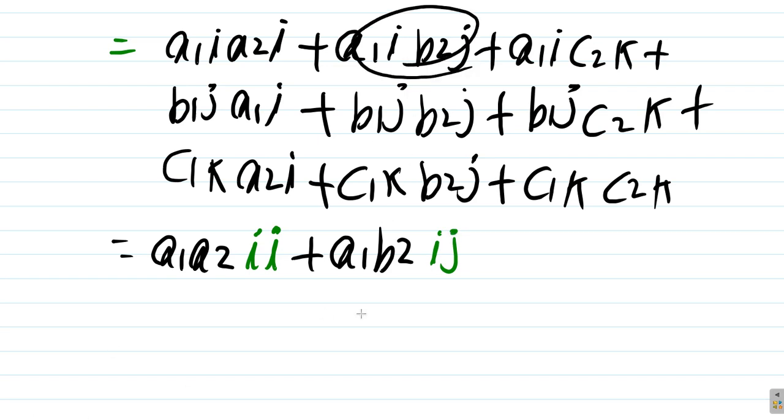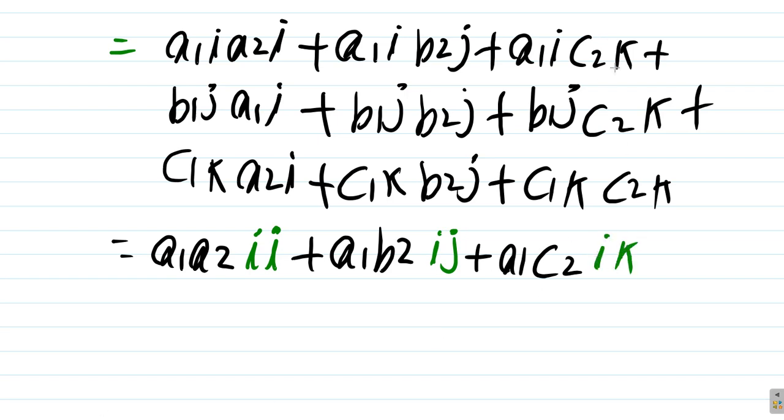Alright, this one. Then we have A1, C2, and then IK, which is this one. See that? Plus, we have A1, B1, IJ, plus, then we have B1, B2, JJ.